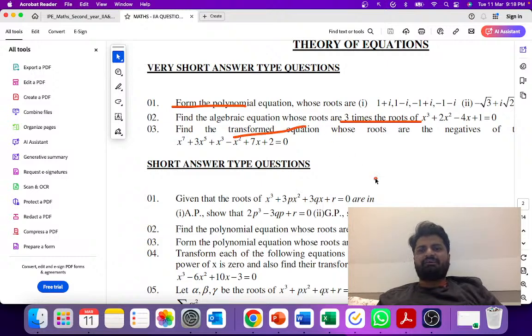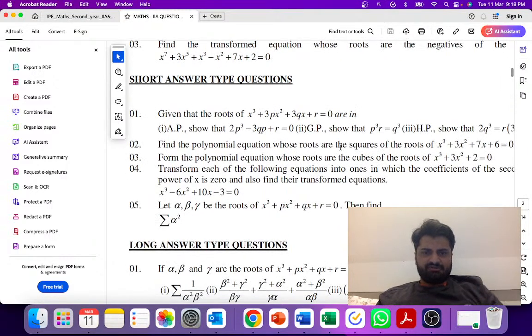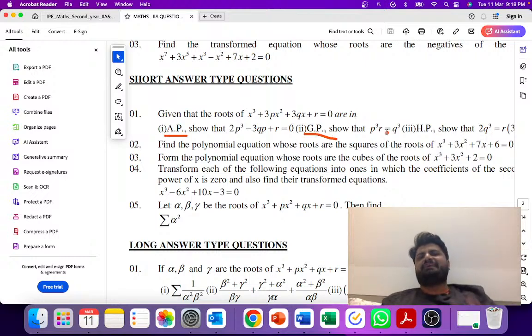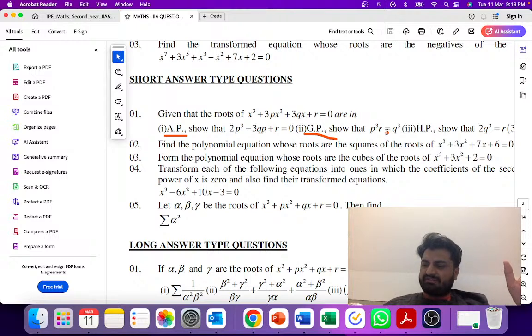Then transformation of equation. So these three types. Short answer question lo, again AP, GP. So basically roots condition based, they're asking a lot of questions.